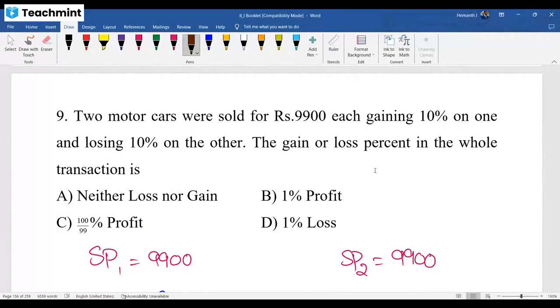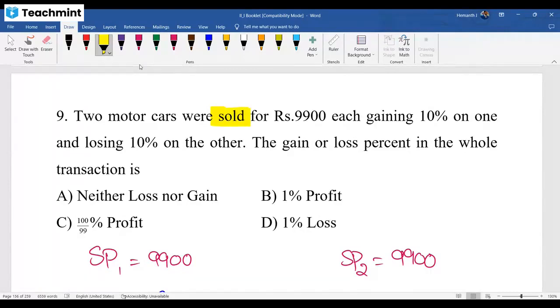You purchased the first car for 9,900, you purchased the second car for 9,900. One is 10% gain, the other 10% loss, then you will get neither profit nor loss. But here it is sold, the selling price. Same question, if I change one word, 2 motor cars were bought instead of sold, then your answer will be neither profit nor loss.